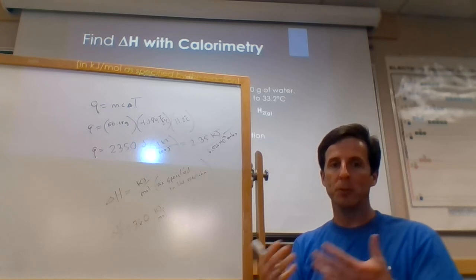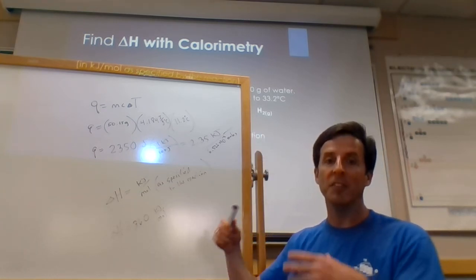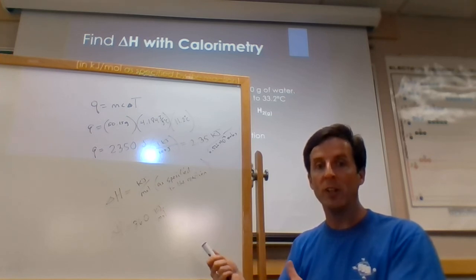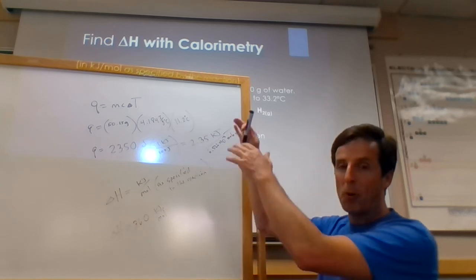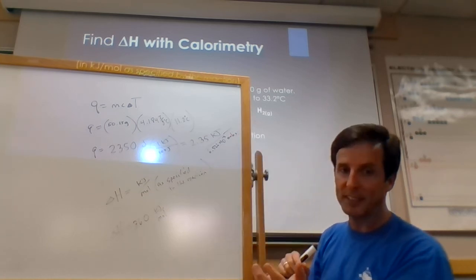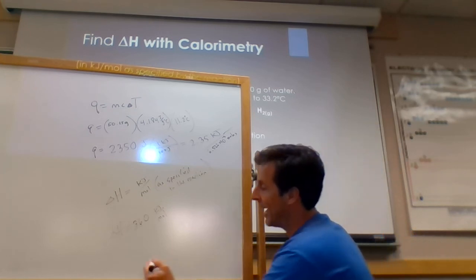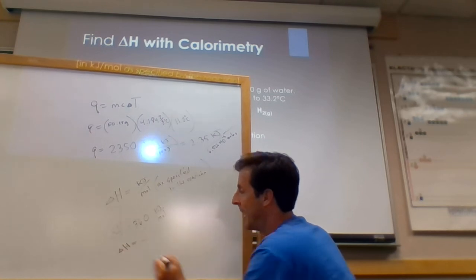The solution absorbed heat, the temperature of the solution went up. So the delta H, or the change in heat of the solution, was positive, but the reaction gave heat off. So at some point in this problem, I have to switch from looking at the solution to looking at the system. So delta H of my reaction should be negative.